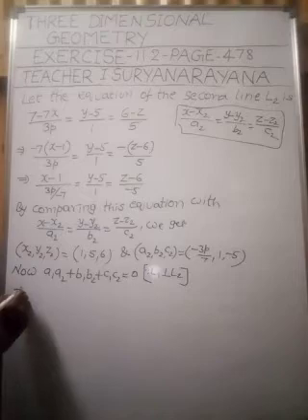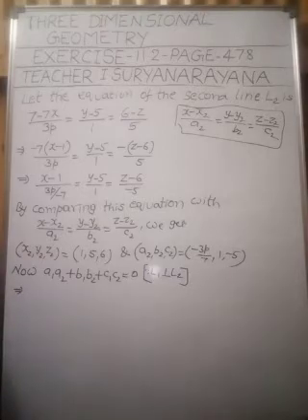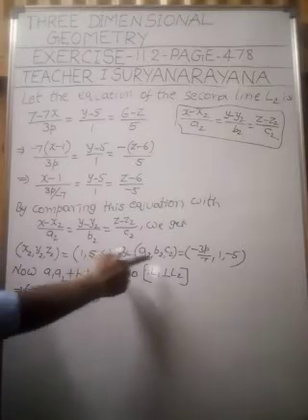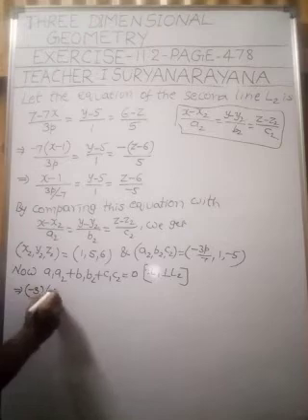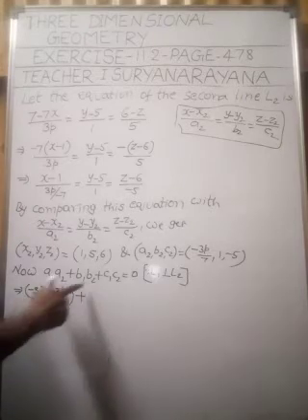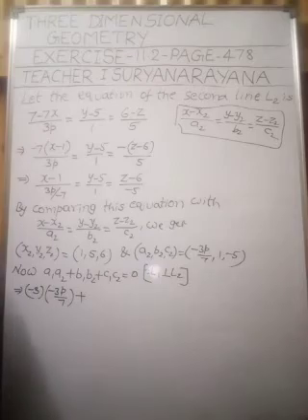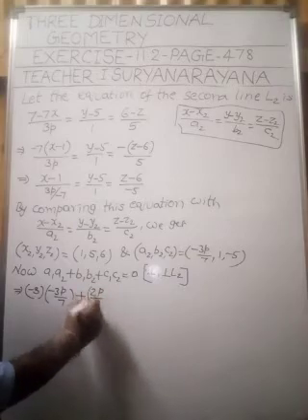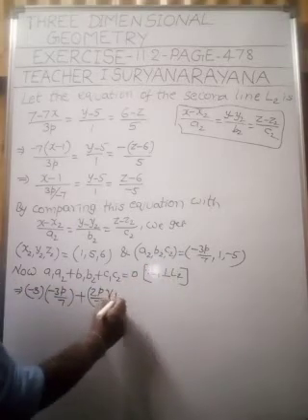Now, what is a1 here? Minus 3 into what is a2? Minus 3p by 7. Understood this first term? Next, what is b1? 2p by 7 into what is b2 here? 1.